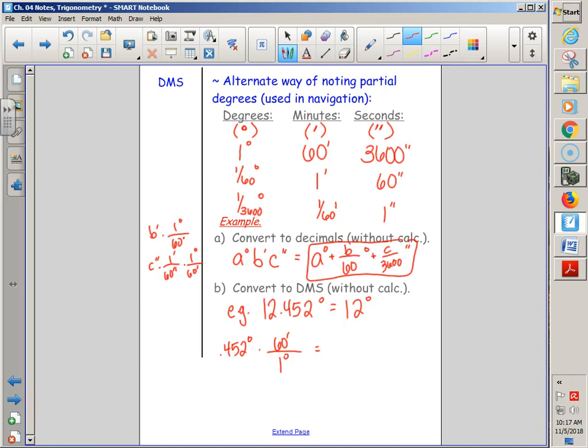Now, why if I was to get 27.12? The degrees have canceled, just like the seconds canceled. So I was left with my minute mark. Why am I only going to write 27 minutes, and I'm going to keep going again? Good, a fractional minute can be written in a different unit.